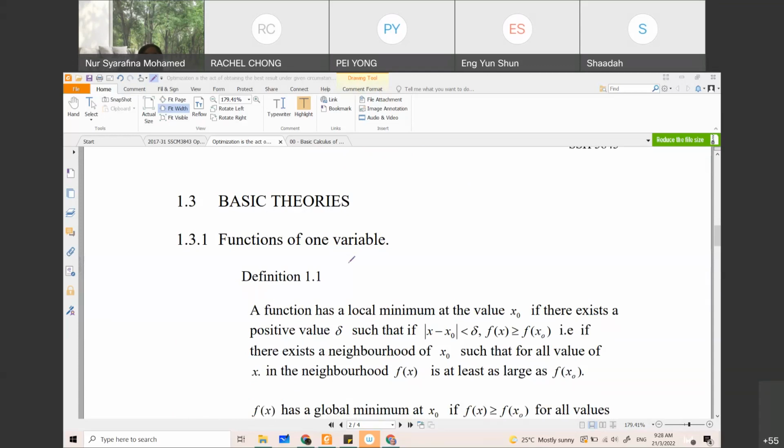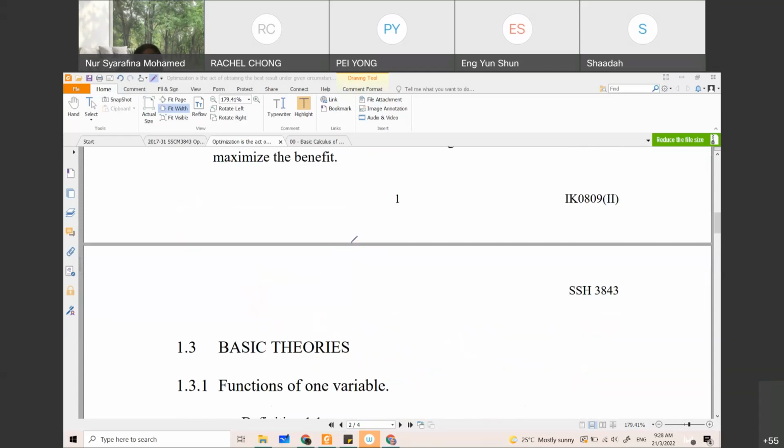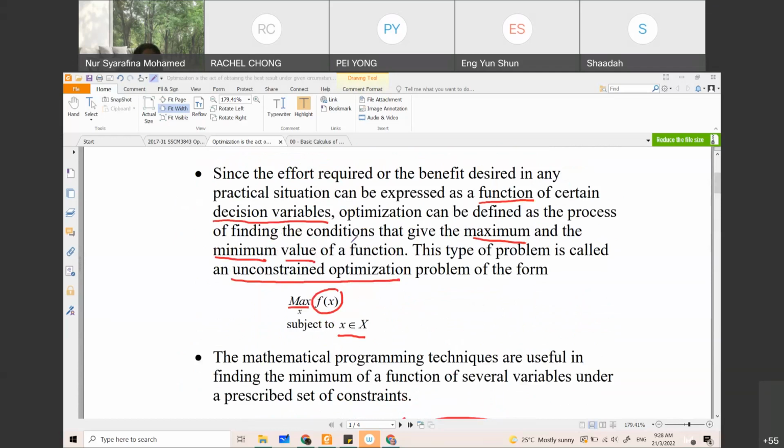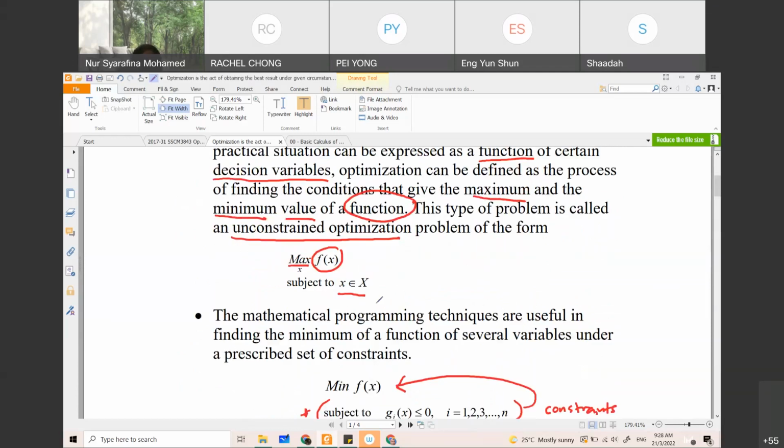Now you know that optimization can be summarized into a function. Mathematically, we can conclude all of the problems in a function, f(x).